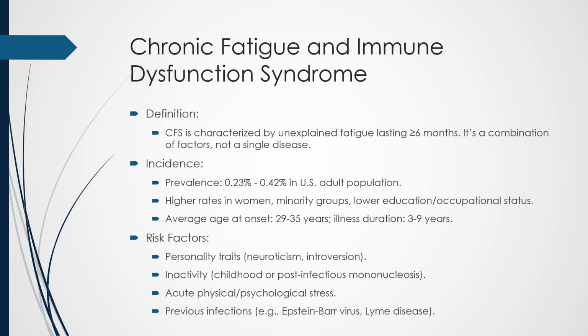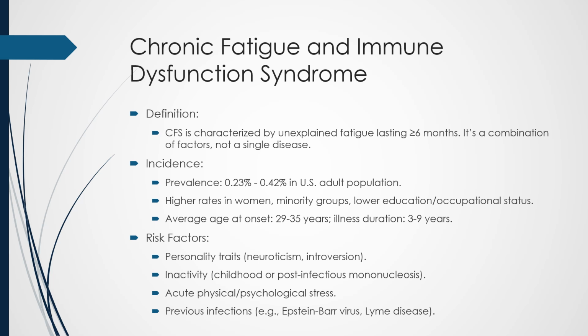There are higher rates in women and minority groups, lower education, and occupational status. The average age of onset is 29 to 35 years, and the illness duration lasts between 3 and 9 years. It can affect individuals of all ages, genders, ethnicities, and socioeconomic status.